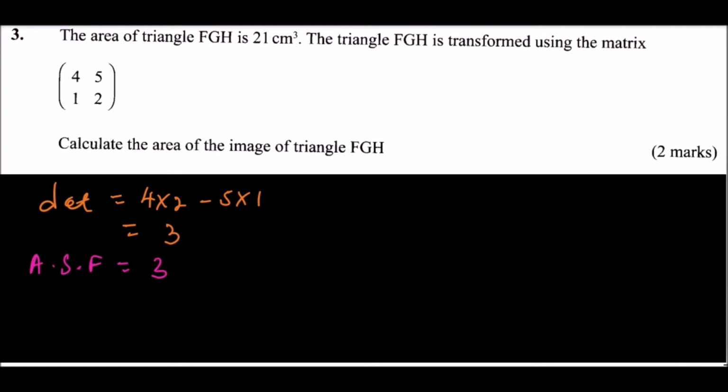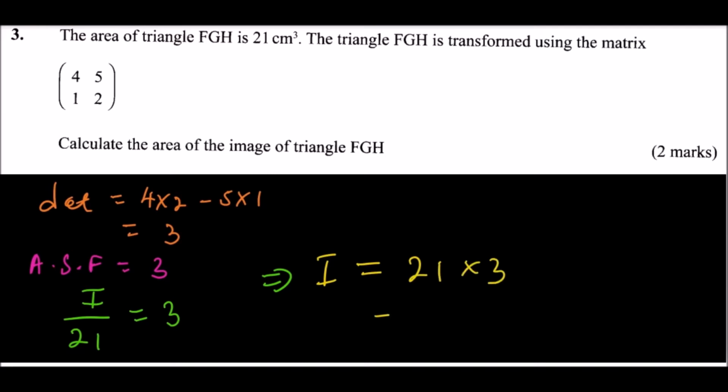So from there, if we take the area of the image divided by the area of the triangle, it should give you 3, implying that when you multiply the area of 21 by 3, you get 63 centimeters squared.